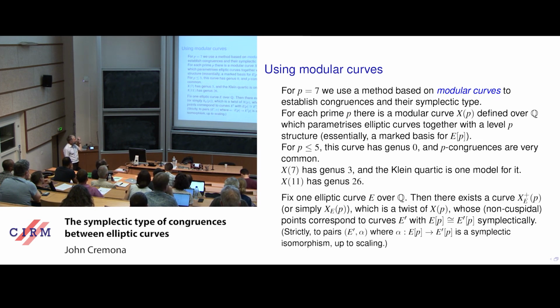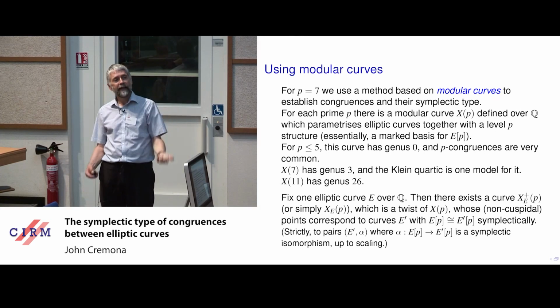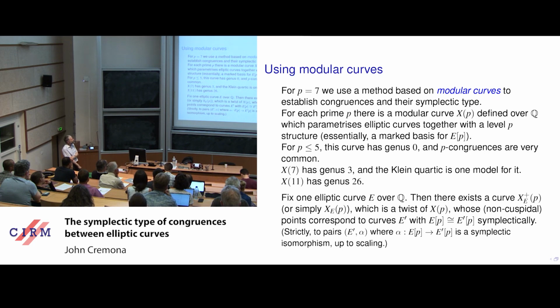So if you fix, as well as p, an elliptic curve E, and let's be concrete, let's say fix an elliptic curve E over Q, then there's a certain twist of the curve X(p) called X_E(p). I'll call it X_E^+ because this is to do with symplectic congruences, and we'll have an X_E^- later. So it's a twist in the sense that they're isomorphic over Q-bar.